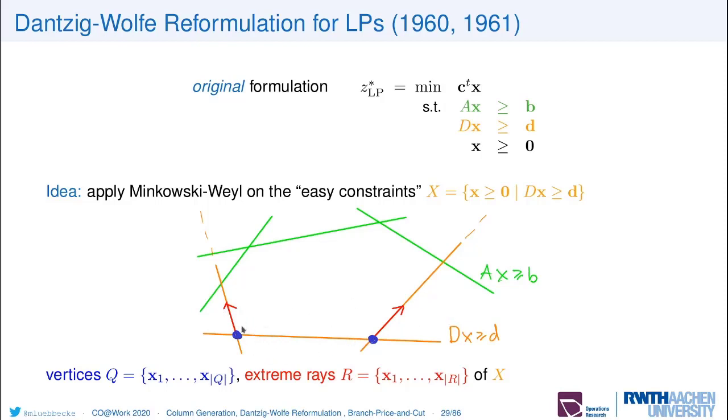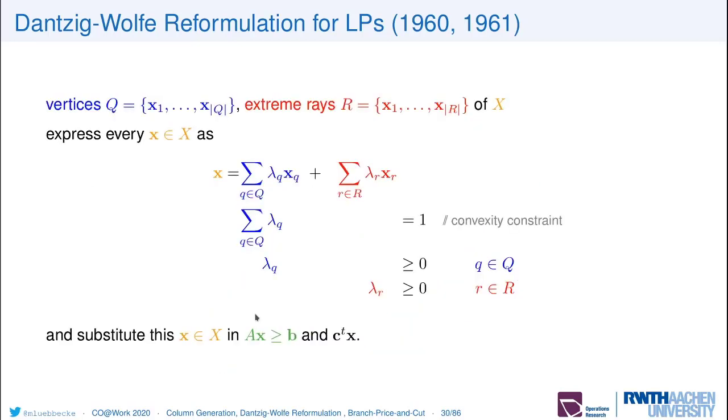This gives me a polyhedron with extreme points and extreme rays, and I will use the inner representation. The Minkowski-Weyl theorem says that works. The inner representation to reformulate the LP. So how would that work? Well, I take the representation Minkowski and Weyl say exists of that easy polyhedron.